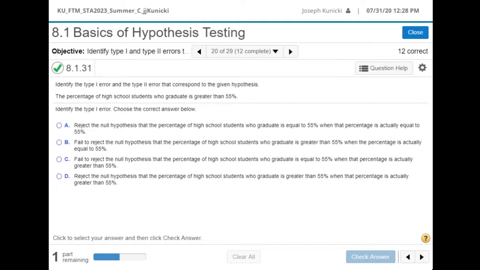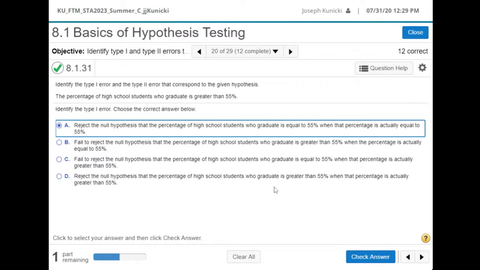The only one that states that is A. It says reject the null hypothesis when that percentage is actually equal. The claim is that it's greater, but if the evidence says that it's equal or less than, and you reject the null, then that's a type 1 error. That's why we don't want to reject it unless it's absolutely false.